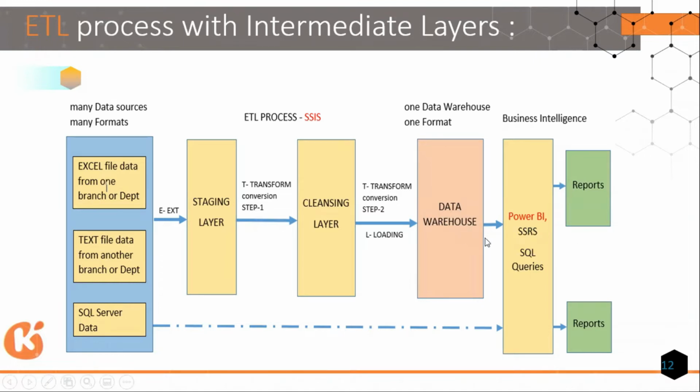That is preferable. But if your project is medium or small and you don't have a data warehouse, the reporting tool will directly connect to source data. Is this clear? Yeah, that's clear.